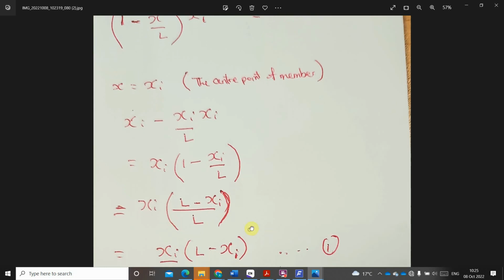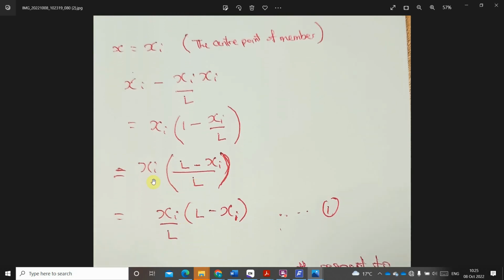Now from here we can as well take Xi over L out, then we have this.